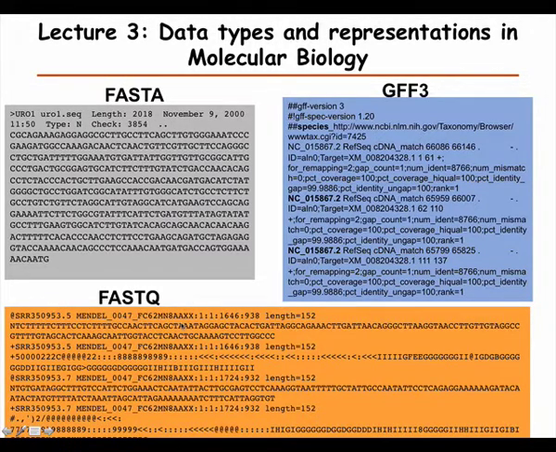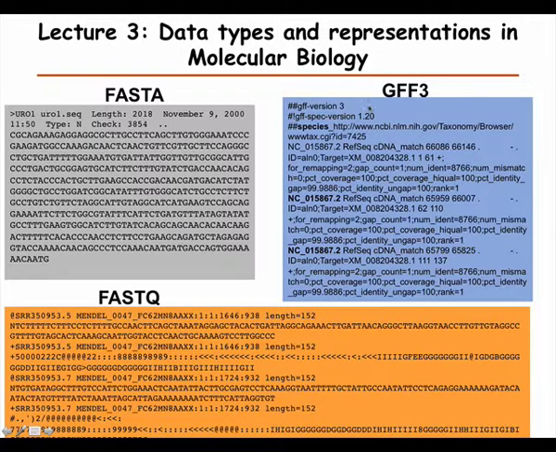Then the FASTQ file, where the Q stands for quality. In addition to the sequence, it has a compact way to show the quality of the data, so each base has a quality measure associated with it.